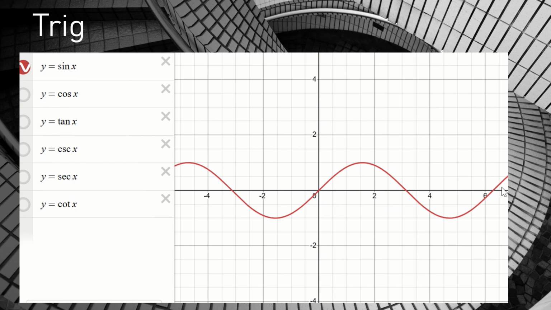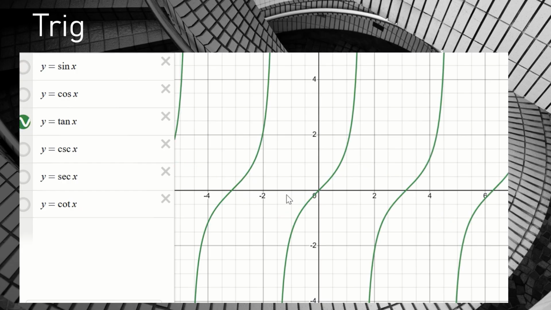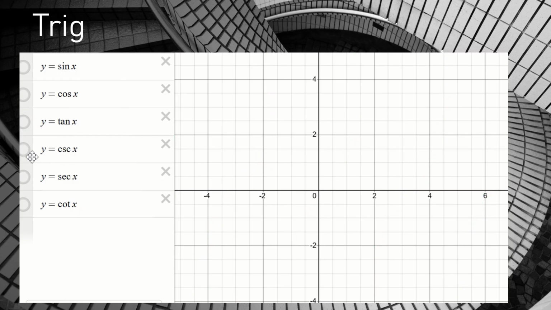From 0 to pi over 2, you have to go this far over to get a complete cycle. But with tangent, it's only half of that, because it repeats faster. We do quadrant 4 and 1, and then you get an asymptote and you start over. That makes sense on the unit circle.